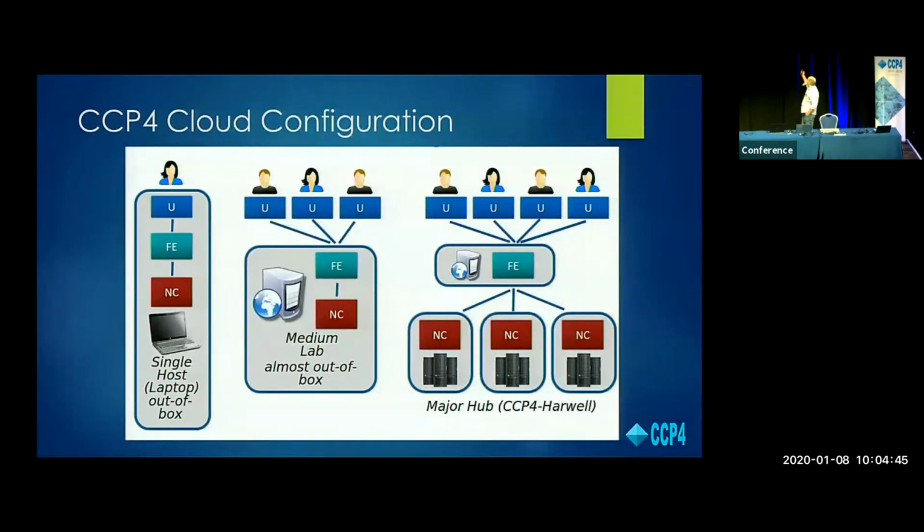And also we have a centralized server in Oxford at the lab where you can submit your jobs to our clusters. But it can also be used locally. You can run everything locally on a single machine if you need to.